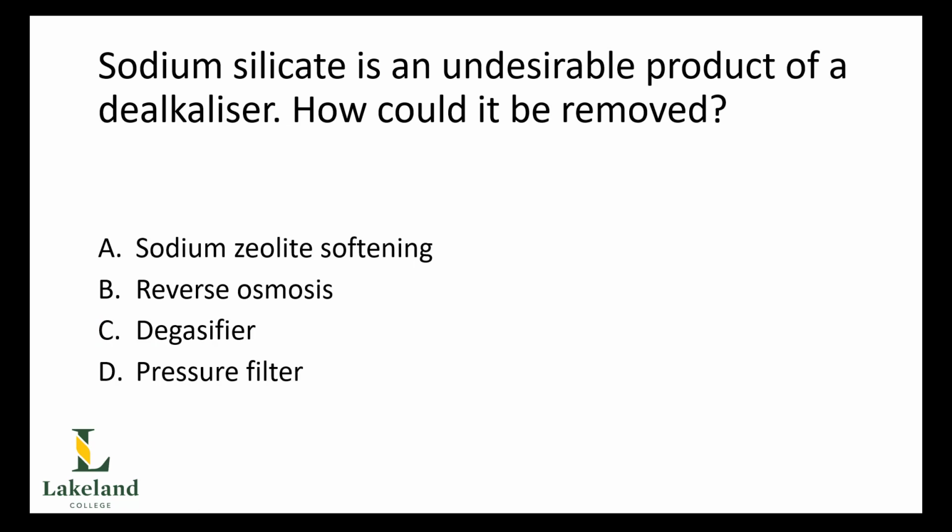Next one, this is the follow-on question. Sodium silicate is an undesirable product of a dealkaliser. How could it be removed? Sodium zeolite softening, RO, degasification, or pressure filter. The only one on that list that's going to remove silica is going to be reverse osmosis, as RO units will remove 99% of pretty much everything.